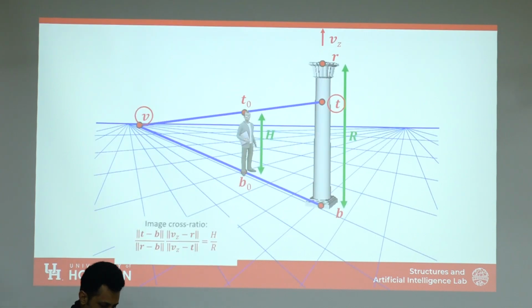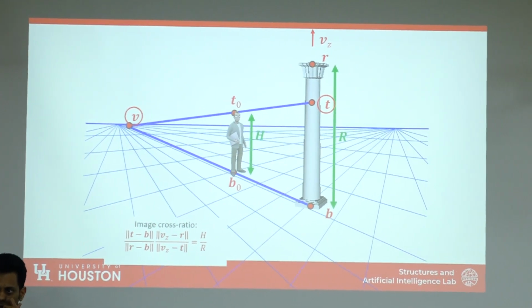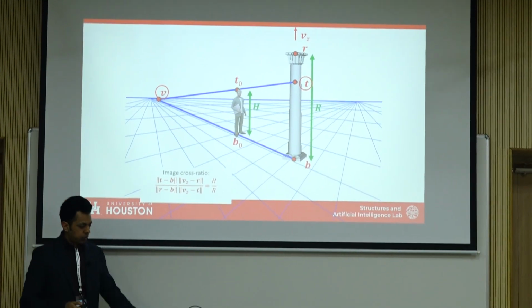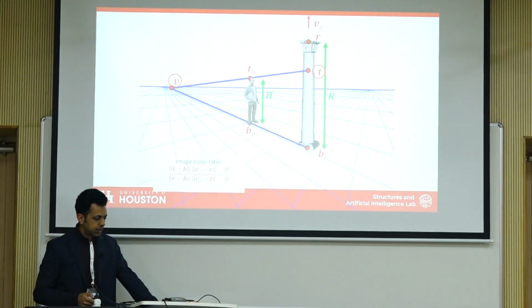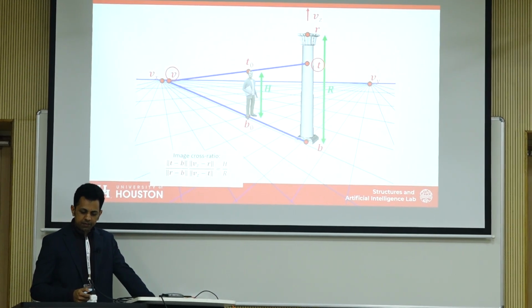So I need to find v, I need to find t, right? I need to find the location of t. That's what I need to do. So for that, I can try to find v. I can find vx and vy.